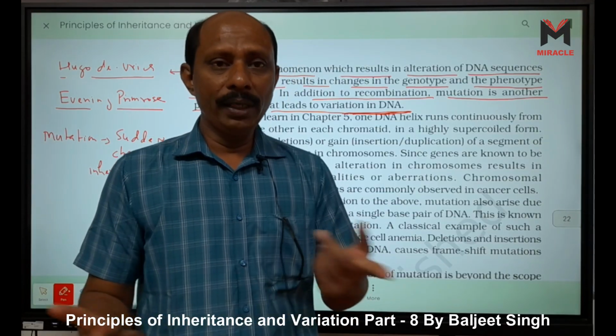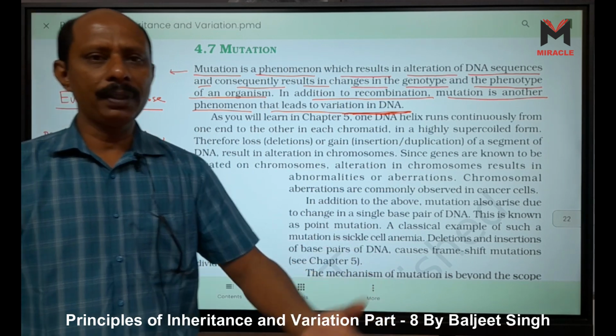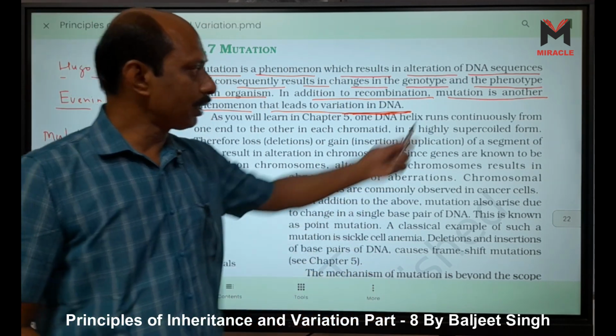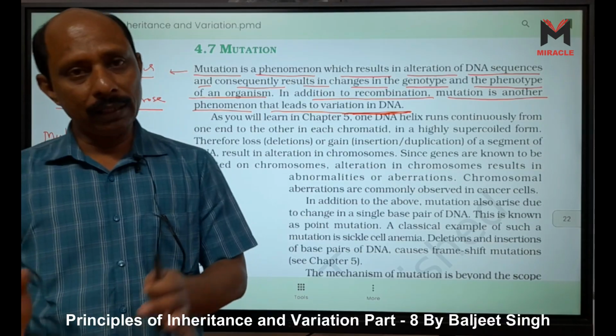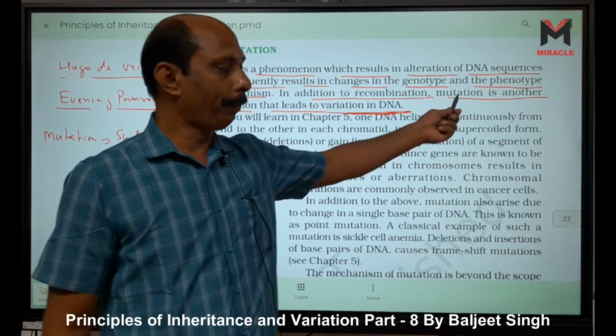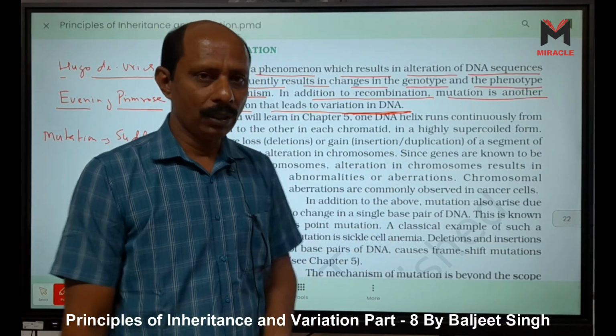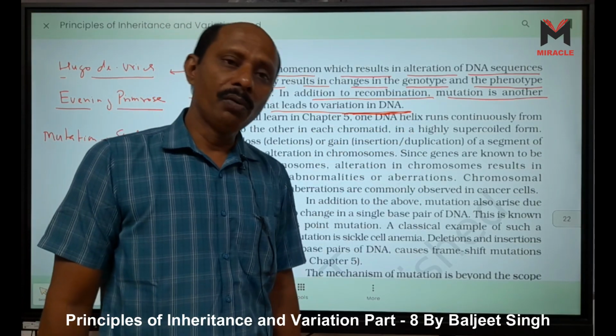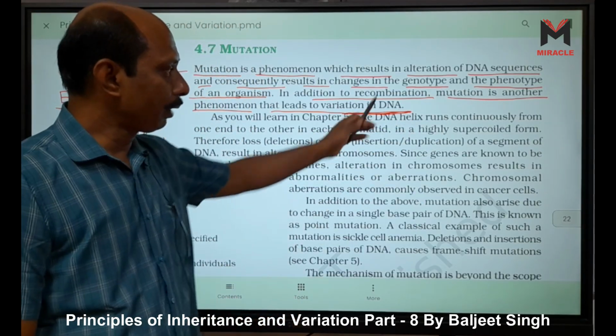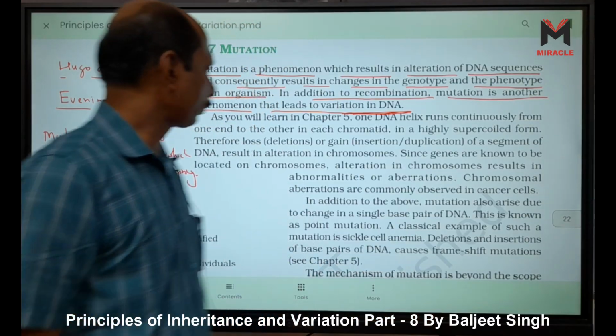When genes are exchanged, the new offspring has variation. In mutation something is deleted, something is added, which also leads to variation. So both lead to variation, but both phenomena are different.